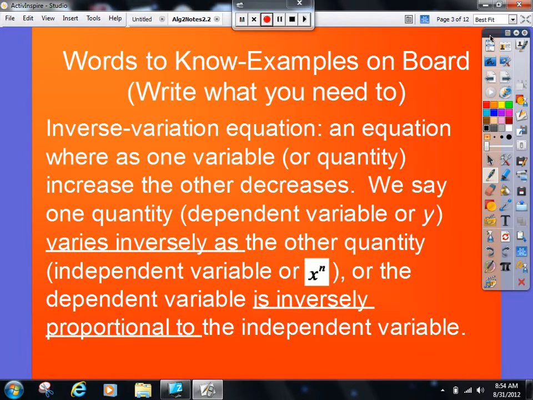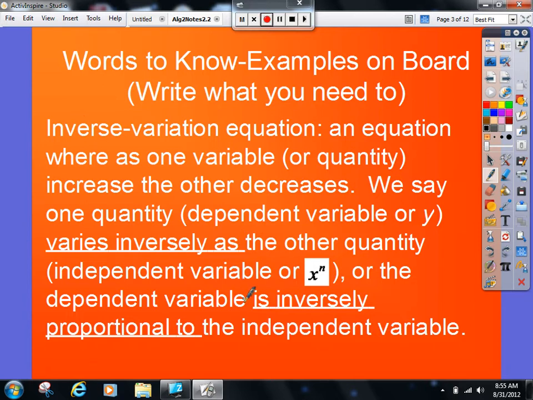Okay, inverse variation. An inverse variation equation is an equation where one variable gets big, the other one gets small. So this relationship is similar to direct variation because they're both going to go up at the same speed, but in direct variation both get big or both get small. In inverse variation, if one is getting larger, the other is getting smaller. So these are doing the opposite of each other, which is inverse.